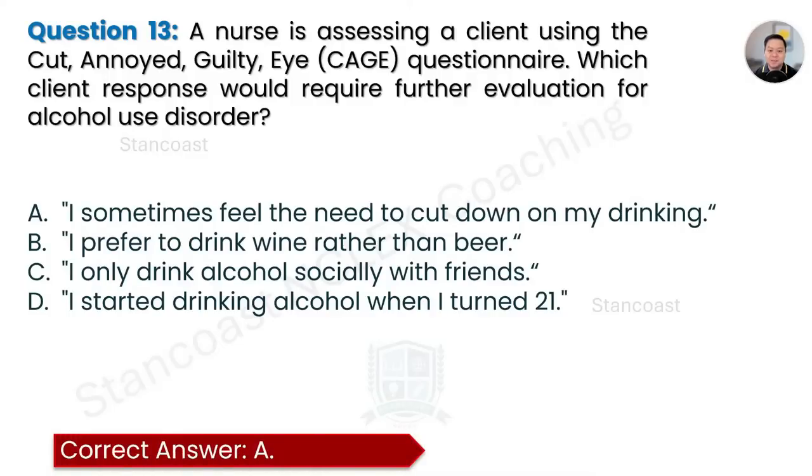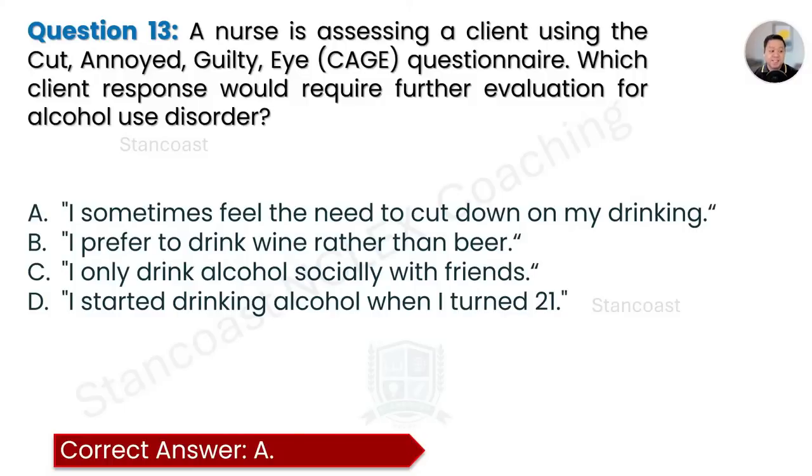This is a response that directly aligns with one of the 4 questions in the CAGE questionnaire used to screen for possible alcohol use disorder. And so if a client indicates they feel the need to cut down, it suggests concern about their drinking habits and warrants further evaluation. So here you got to pay attention to the keywords cut down, as this is reflecting one of the CAGE questions, making it the most relevant option.